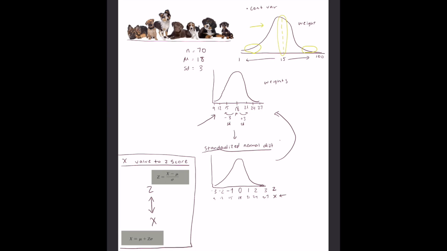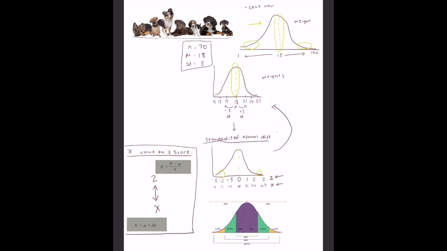So this would be the x value and this would be the z value. These represent the same thing. It's taking this sample of 70 puppies and plotting it on a normal distribution plot under the idea that the mean value has the highest probability, or the highest number of puppies, and when you get to the tails, you have a lesser probability of seeing that puppy weight.